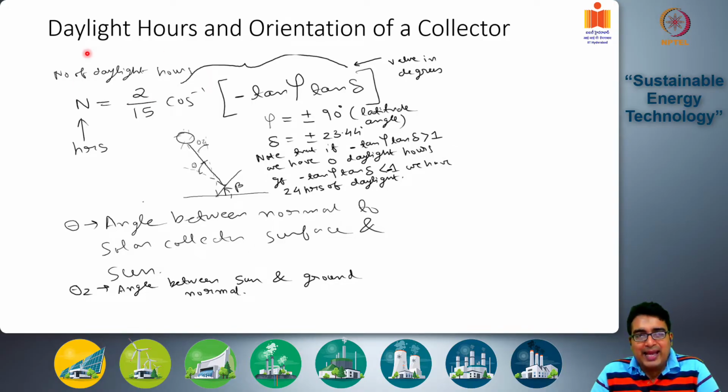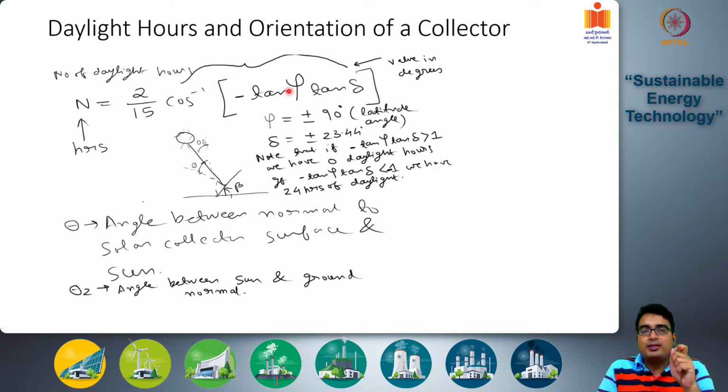Then the number of daylight hours on a given day in a certain location at a specific latitude angle is given by this expression, 2 by 15 cos inverse of minus tan psi tan delta, where psi is your latitude angle and delta is your declination angle for that day.